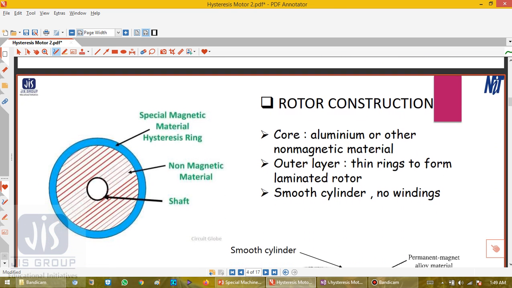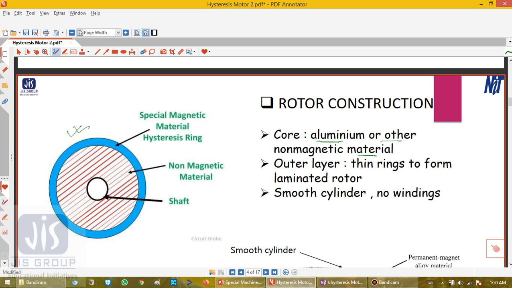Now the rotor construction. This is a representation of the cylindrical rotor structure of a hysteresis motor. It consists of a core of aluminium, or it can be of other non-magnetic material, which carries a layer of special magnetic material, and the outer layer has a number of thin rings.